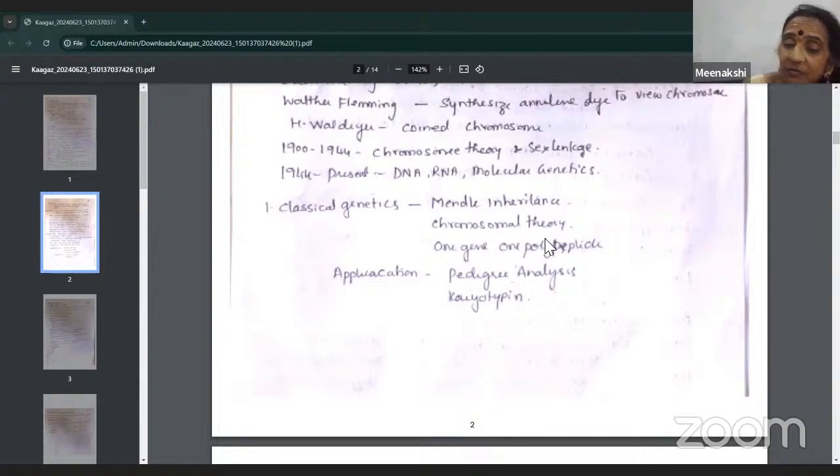So one gene, one polypeptide was again a breakthrough in biochemical genetics, so that we are able to identify what proteins can be produced from a single set of codons or the mRNA sequence that is there.